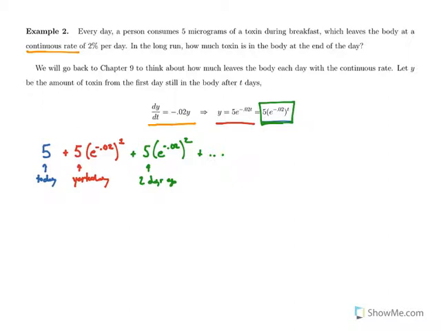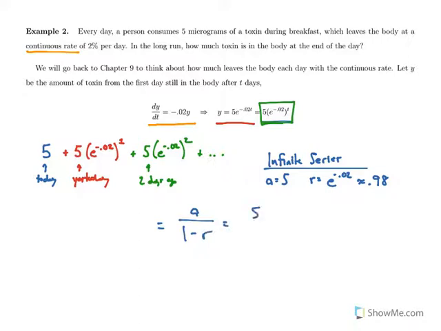So total, this is going to be an infinite geometric series. We have a equal to 5, r equal to e^(-0.02), which is about 0.98. So this is going to be equal to a over 1 minus r, or 5 over 1 minus e^(-0.02).